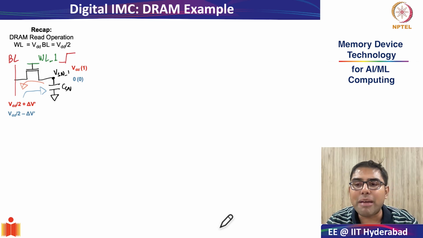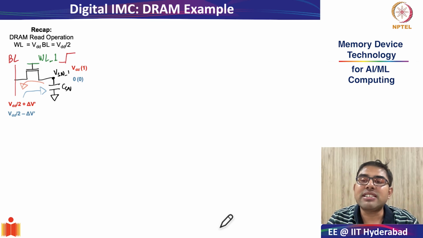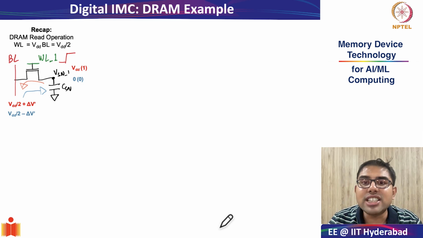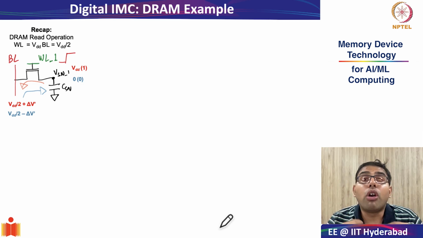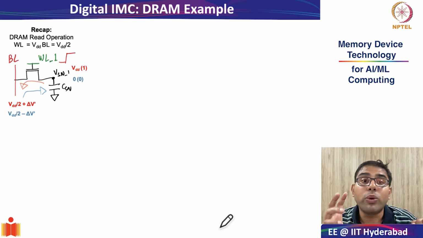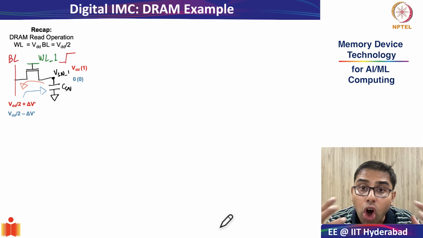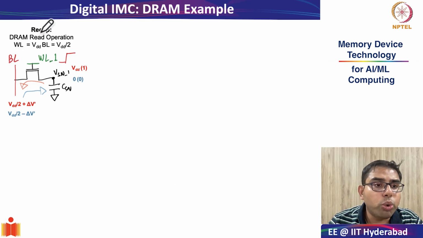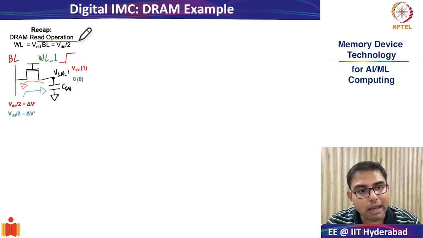Now remember, DRAM is normally just a bit storage technology, and somehow we are trying to change that so that we can do some logic operations in the DRAM memory itself. How is that done? Let's start with the example of performing OR operations in the DRAM cell. Before that, let us do a quick recap of how the read operation happens in the DRAM cell.